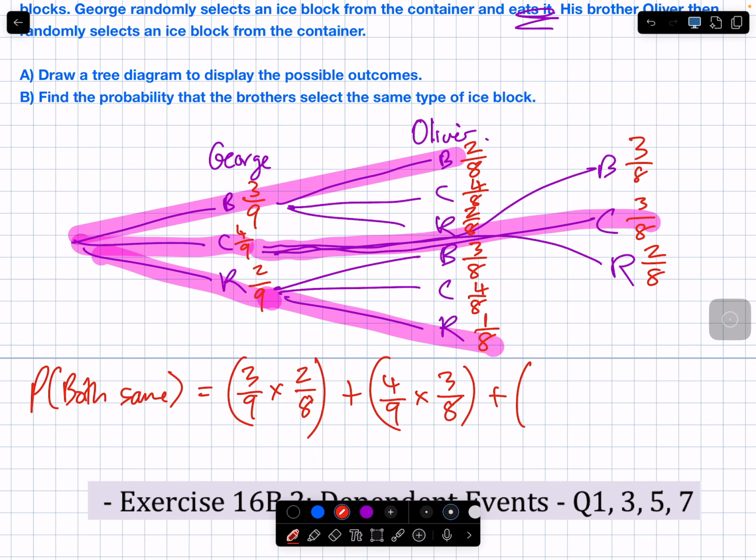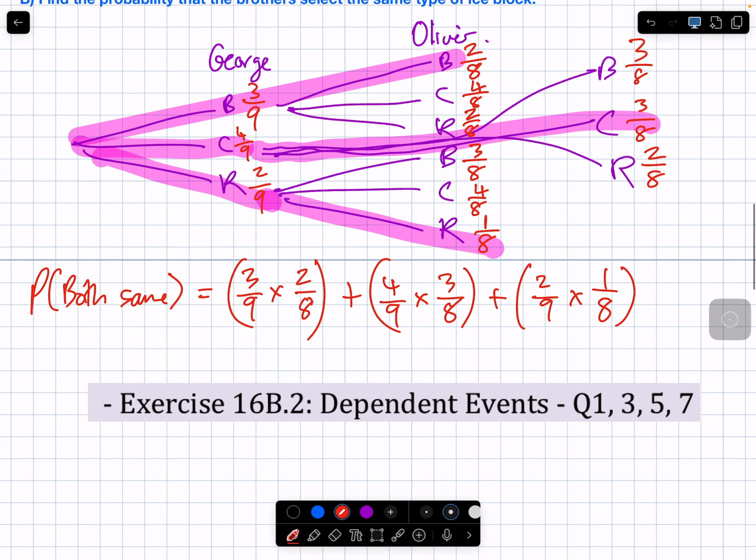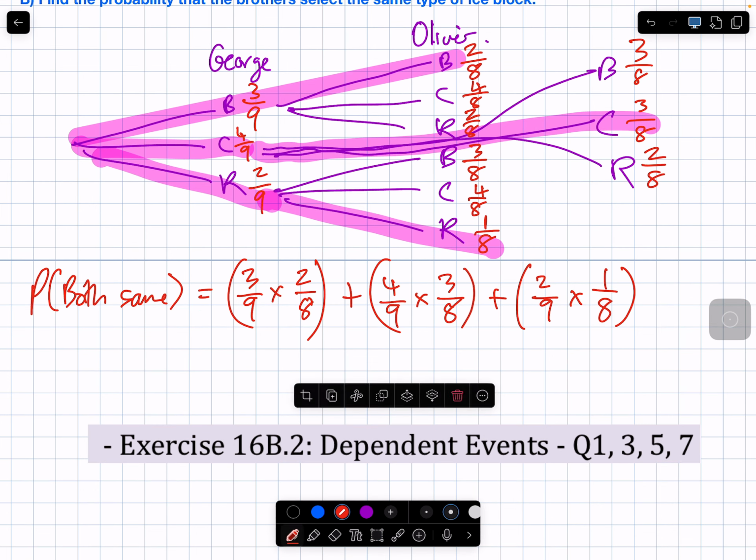Last one, 2 over 9 times 1 over 8. Top by the top, 6 over, is that 72? I think so. 4 times 3, 12 over 72. 9 times 8?